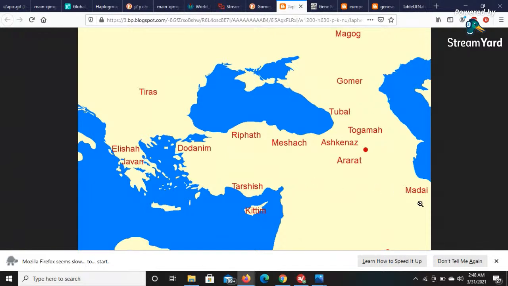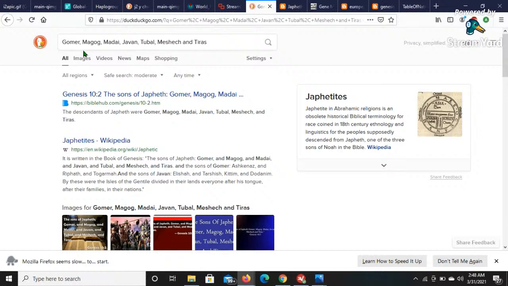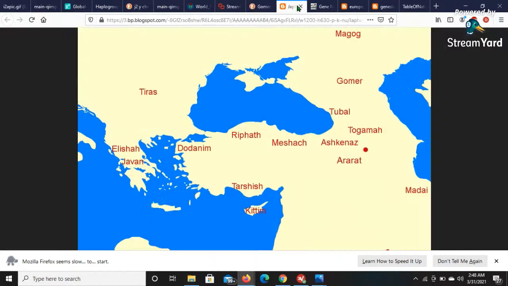This could have been Denisovan, the Madai. You know, who knows? But we have Javan, Magog, Gomer, Tubal, Meshach, and Madai. Gomer, Magog, Madai, Javan, Tubal, Meshach, and Tiraz. Where's Tiraz? There's Tiraz. Oh, we got Tiraz there.